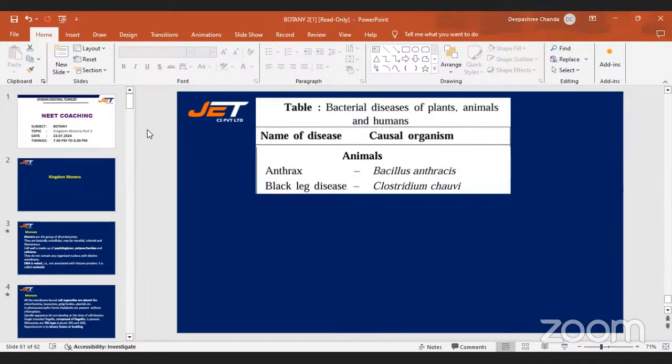Is this part clear, everyone? Anyone has any doubt, you can ask me. Hopefully no one has anything to ask. This topic is strictly according to NCERT.